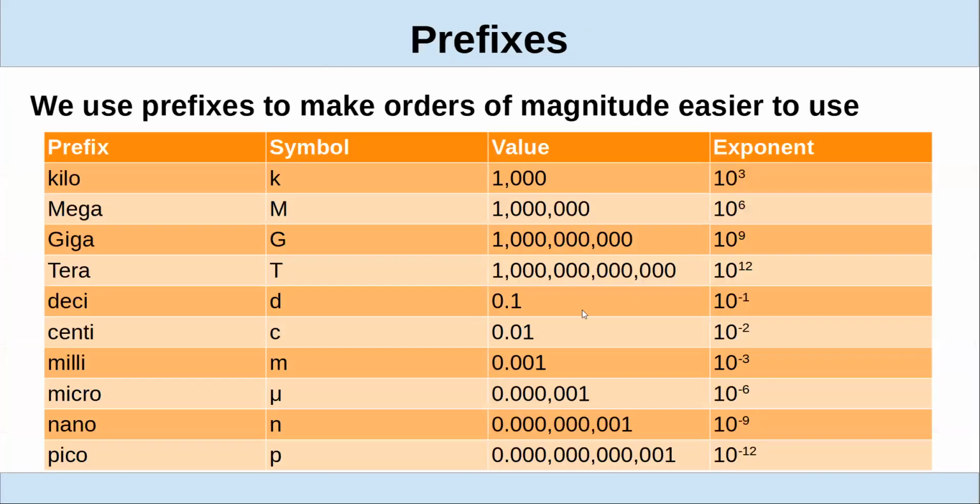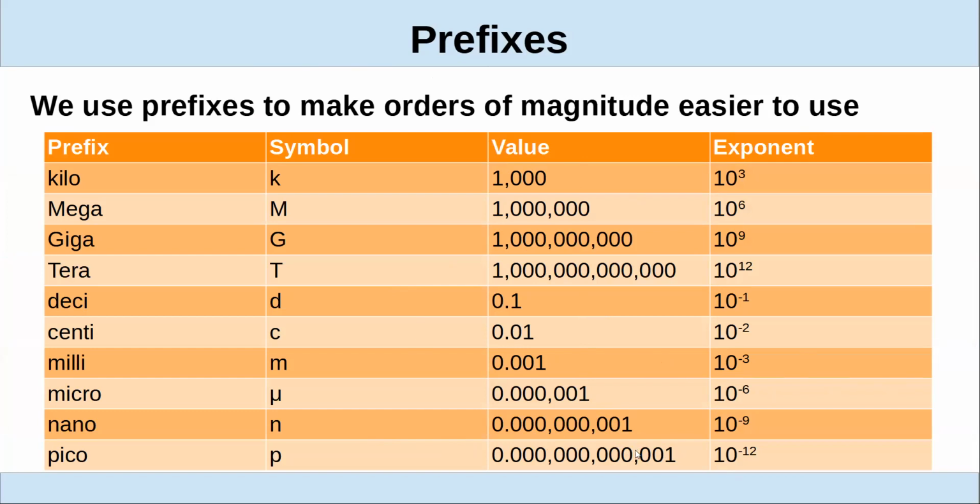Yeah, there are some tricks people use to try to remember which way you go, whether you shift the decimal point to the left or the right. In these, if you notice, they're always three decimal places.